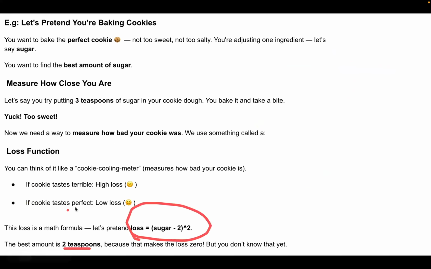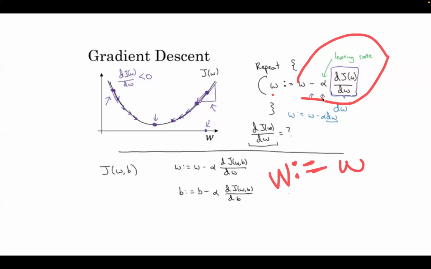And that's exactly what we saw here. That is exactly what is here: W minus learning rate times the change of dJ with respect to W. And that keeps on updating until we get a perfect value for W.